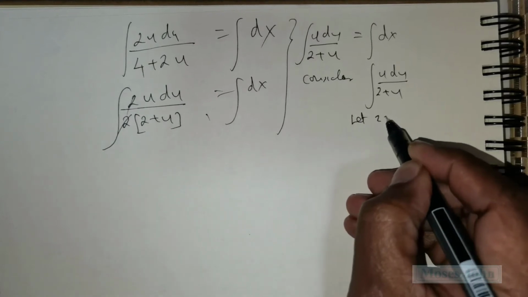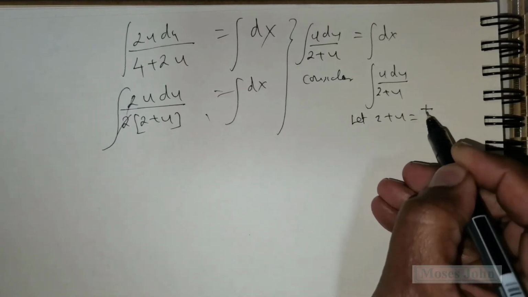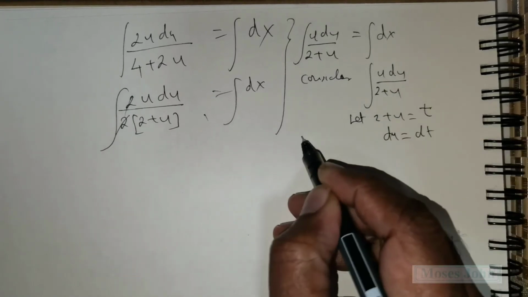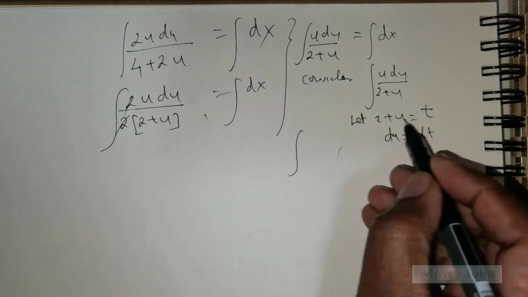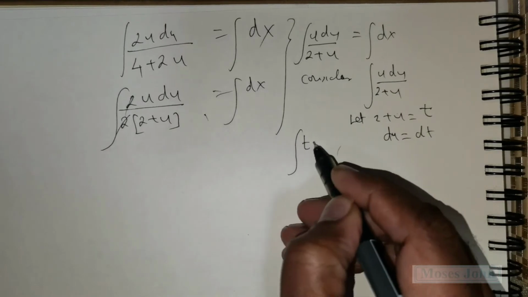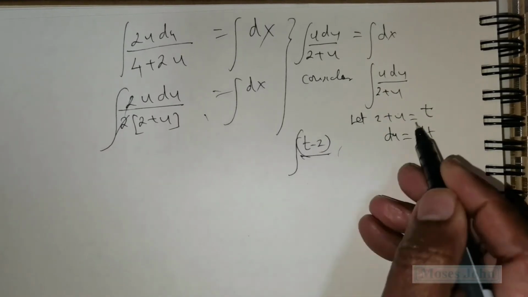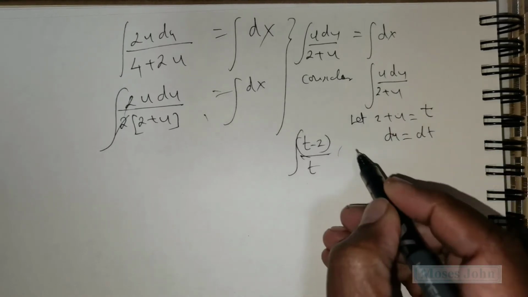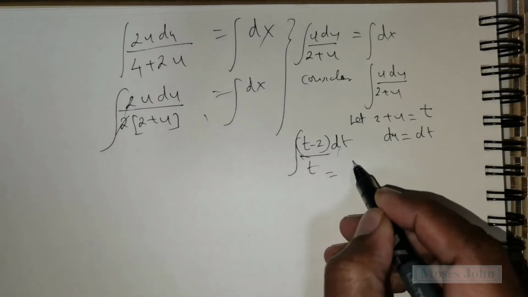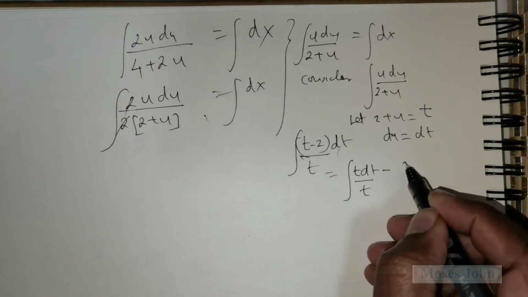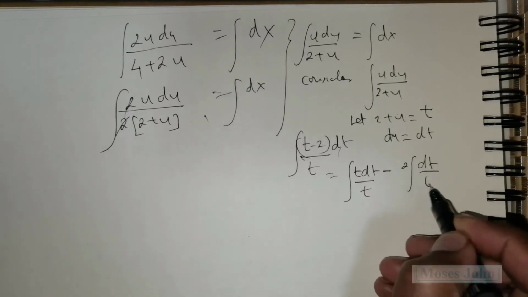Now I'm going to consider the integral of u du divided by (2 + u). Let me take 2 + u to be equal to some t. This would give me du = dt. So I can rewrite this, in place of u it's going to be t - 2, in place of 2 + u it's going to be t, in place of du it's going to be dt. So the integral of (t - 2) dt divided by t.